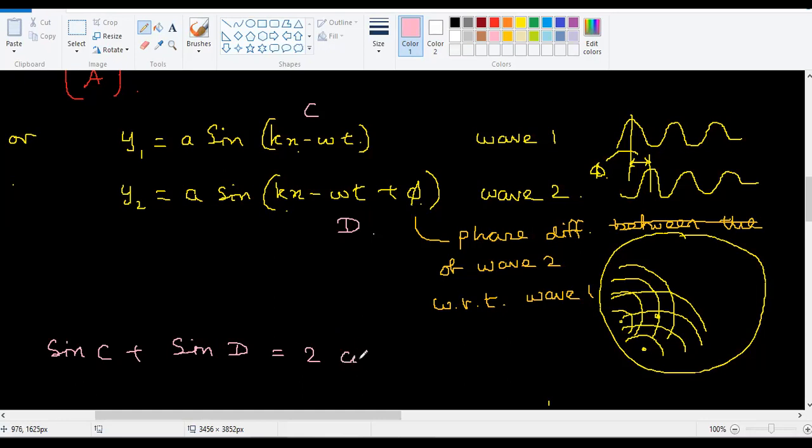Sin x plus sin y is equal to 2 sin of (x plus y) divided by 2 times cos of (x minus y) divided by 2. Very good. Instead of x and y, I have taken C and D. So it's the same thing you said. That means sine C plus sine D equals 2 times sine (C plus D) by 2 times cos (C minus D) by 2.